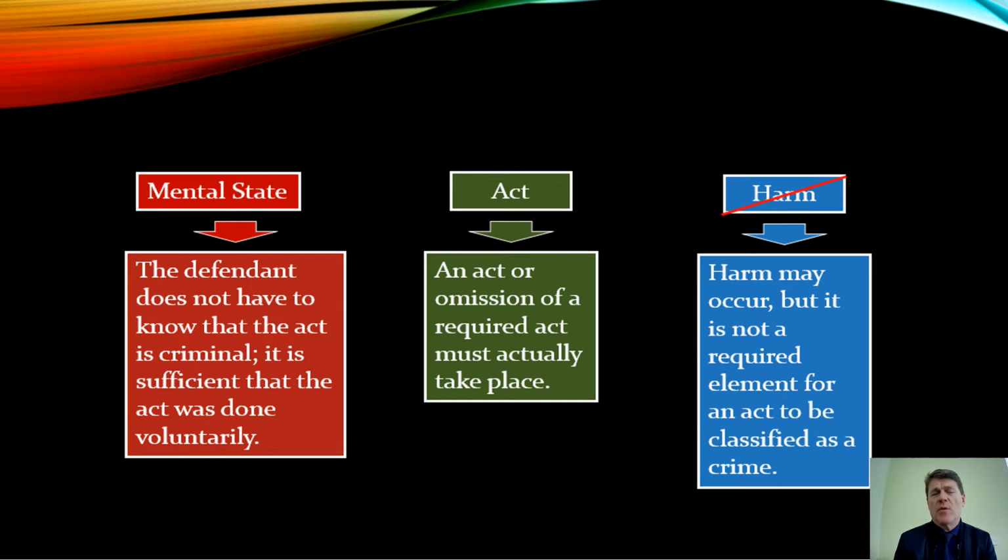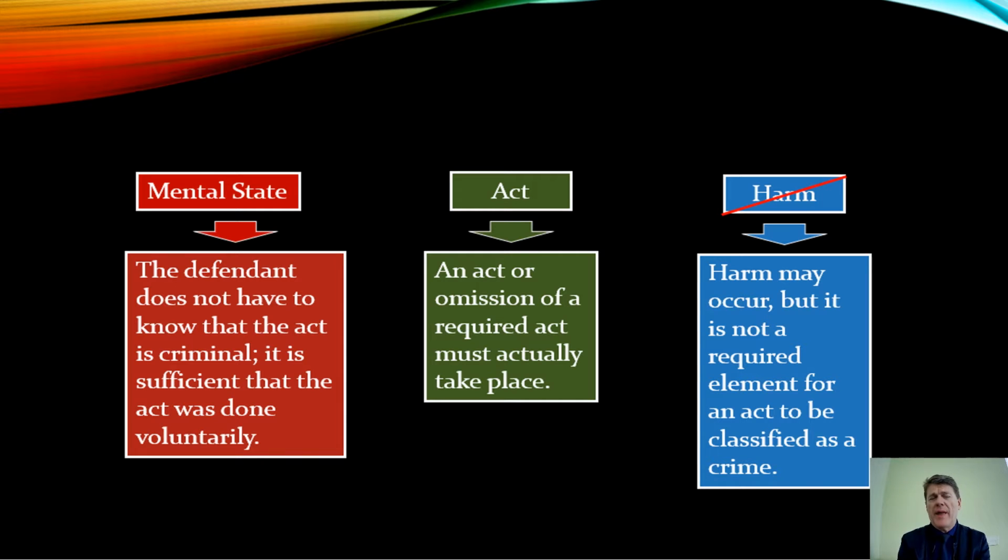If before I hand over my wallet, let's say a police officer just happens to be on patrol and the would-be robber flees, and so my wallet wasn't taken. Obviously, there was an act, there was an attempted robbery. There was certainly the mental state, assuming the person doesn't have some kind of insanity defense or some other mental impairment.